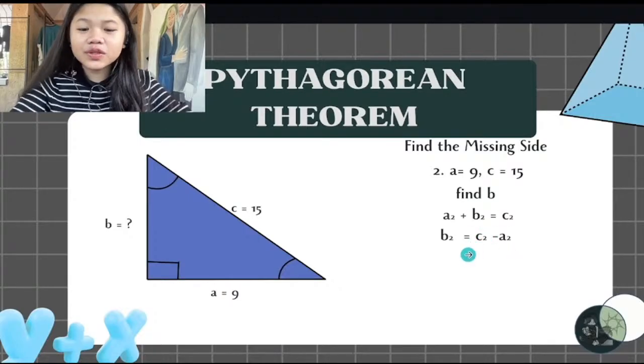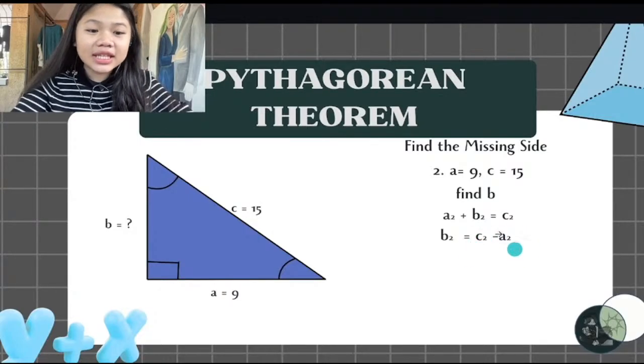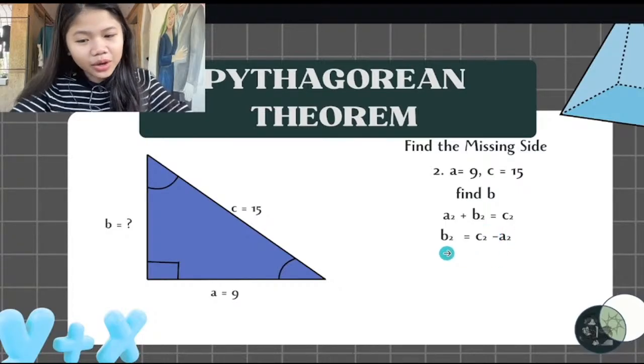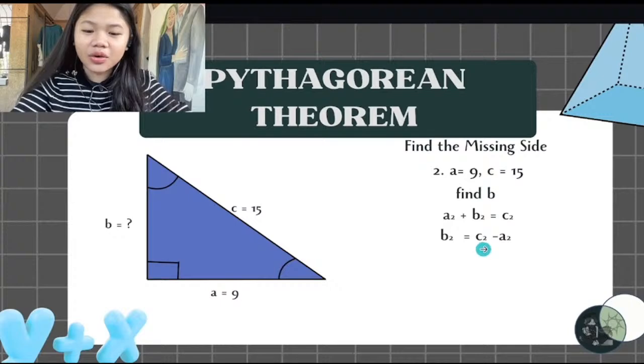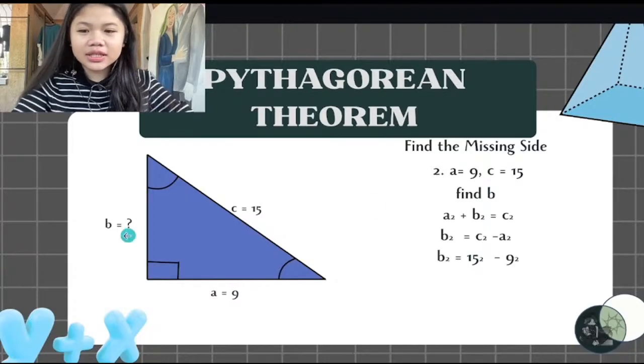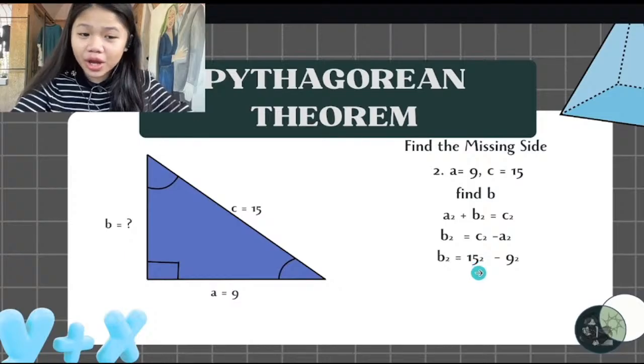When a term moves to the other side, its sign changes. So we get b squared equals c squared minus a squared. Okay, now we substitute the values. So c is equal to 15 and a is equal to 9. So it becomes b squared equals 15 squared minus 9 squared.